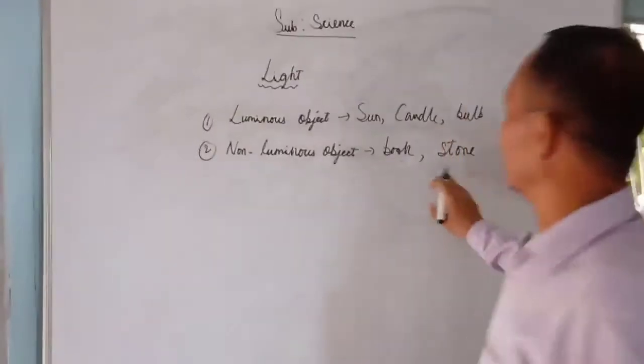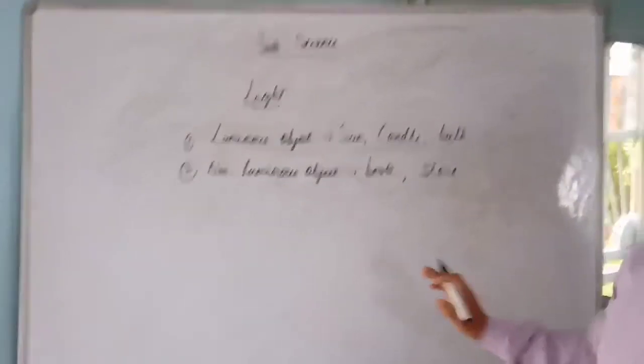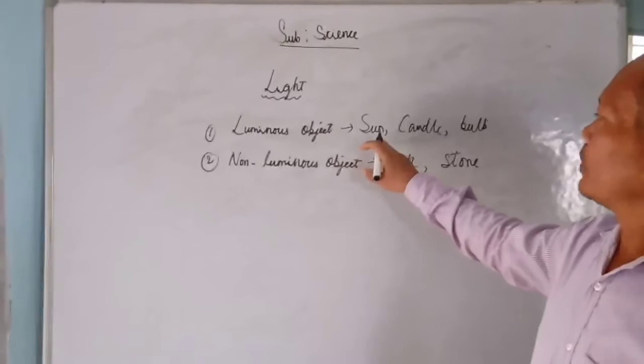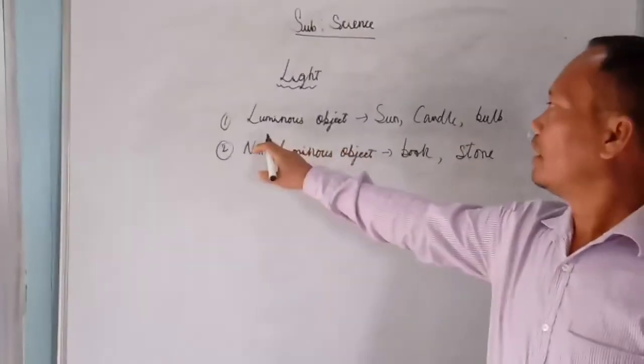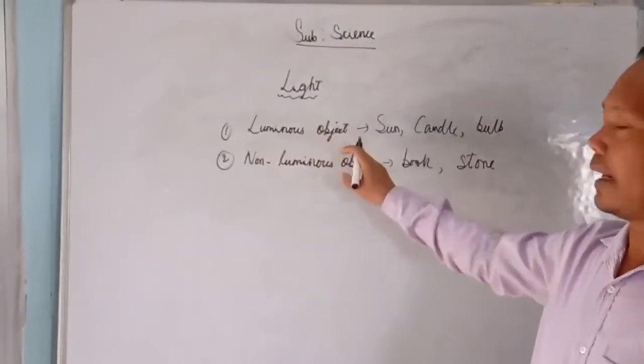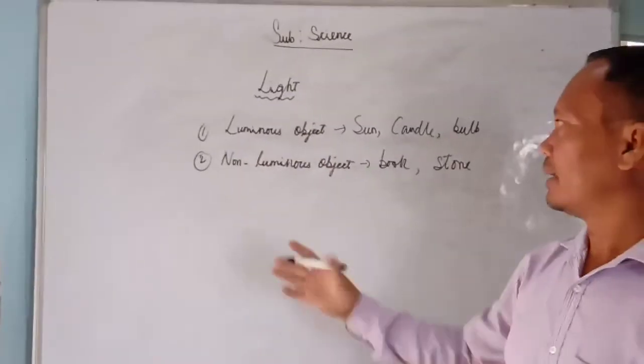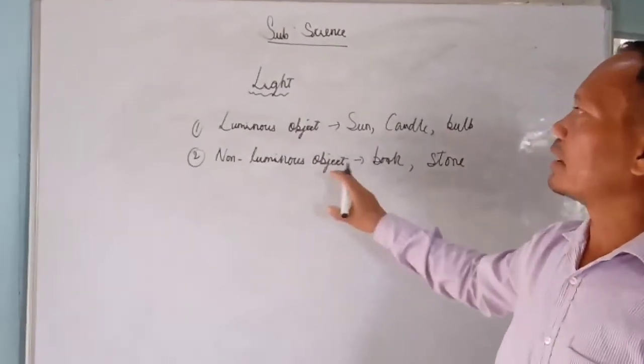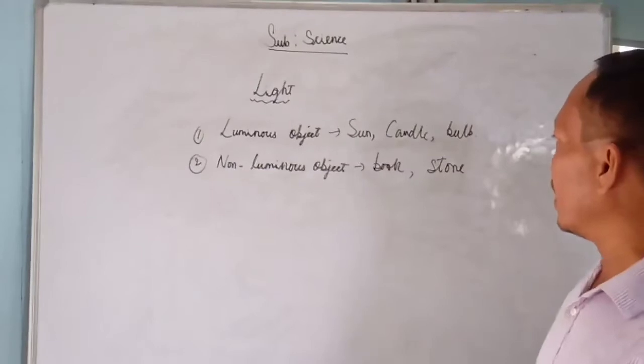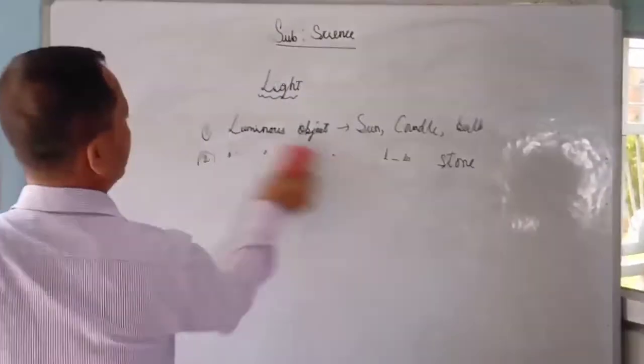These are examples because they cannot give light. So those objects which can give light are called luminous objects, and those objects which cannot give light are called non-luminous objects. Now we'll see further.